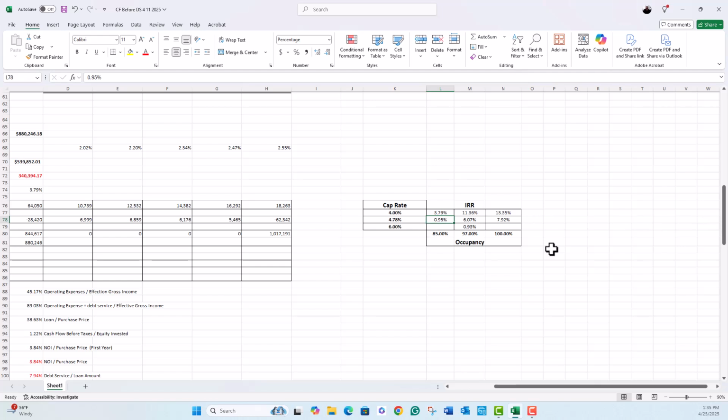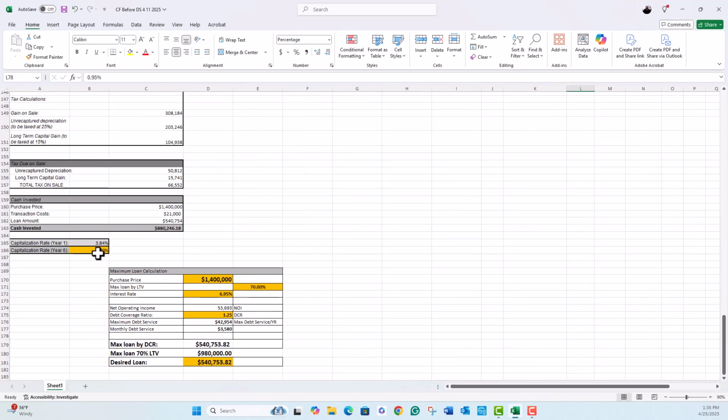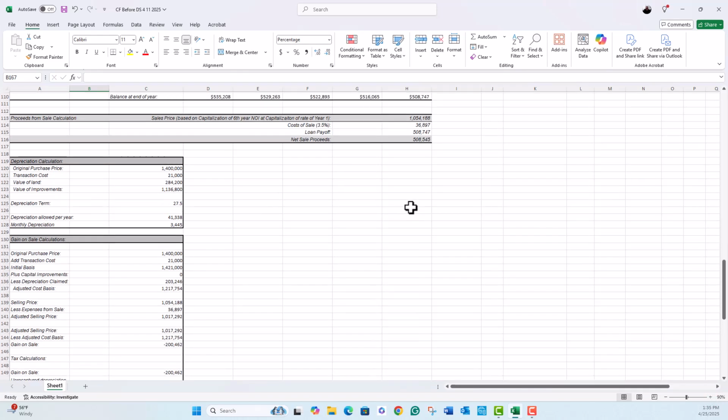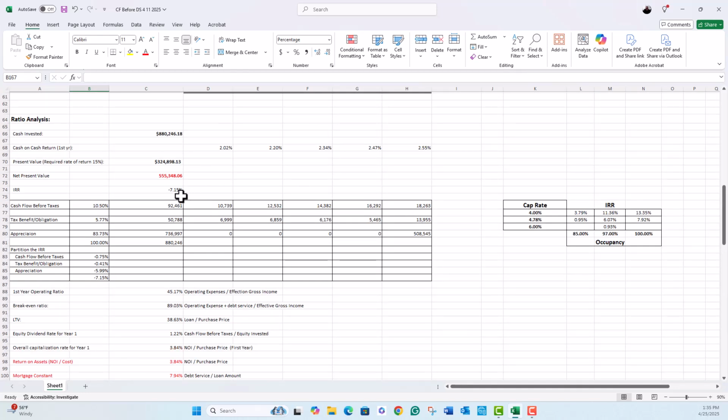Now, I have it at the 85% occupancy. Let's look at what happens if the cap rate at, again, the end of year 5 is 6%. The internal rate of return is a negative 7.35%.